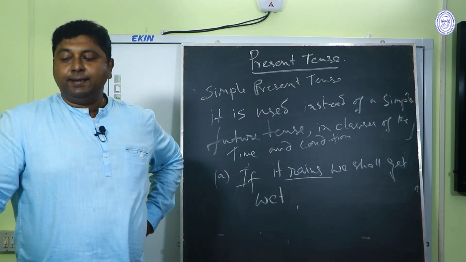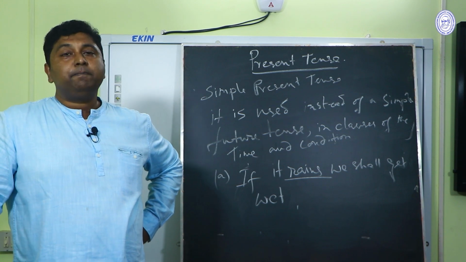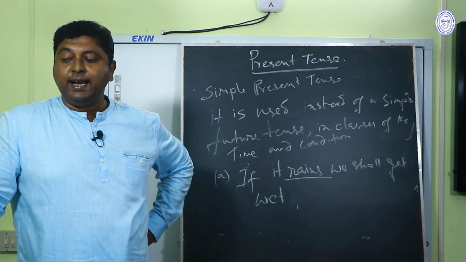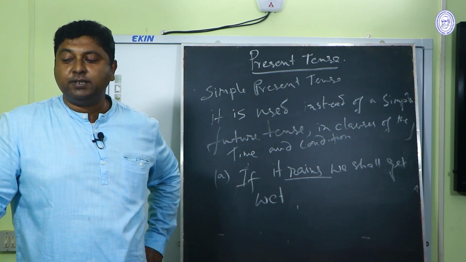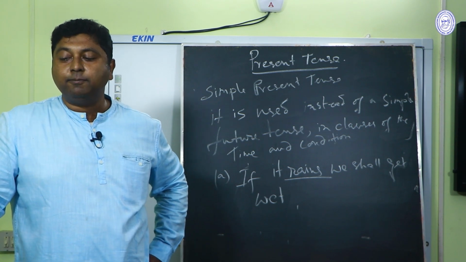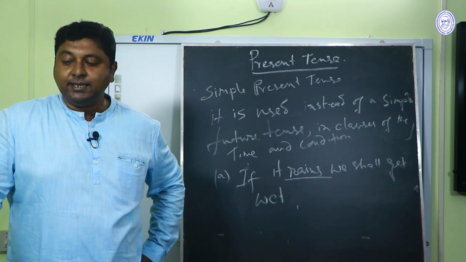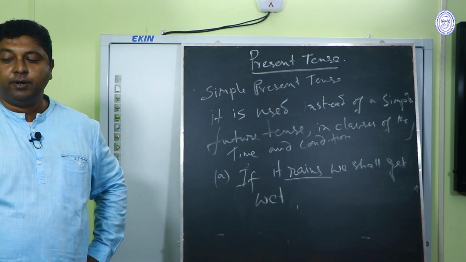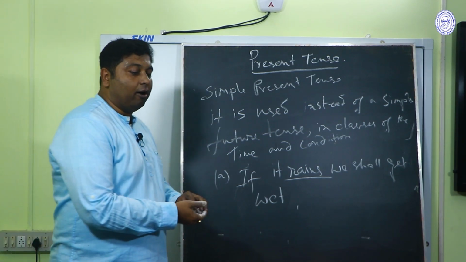The next thing: the simple present tense is used instead of present continuous tense with the type of verbs referred to, such as the verbs of perception. What are they? Verbs of perception.